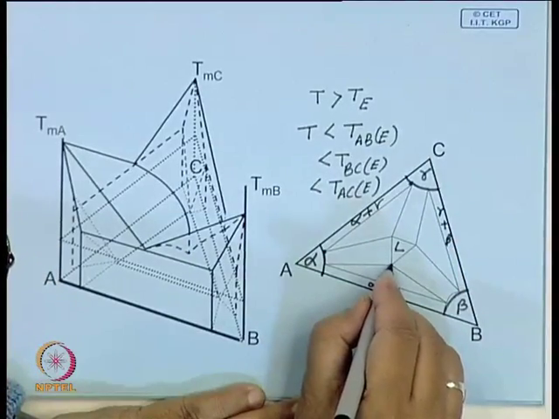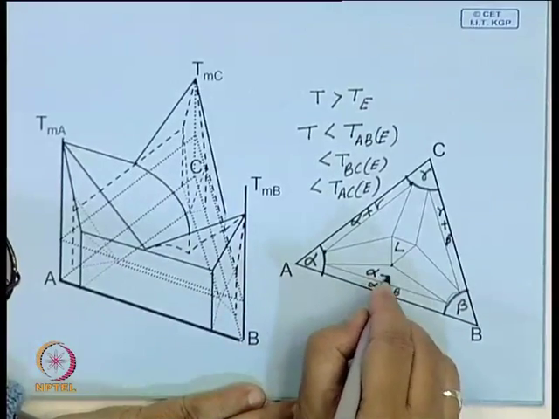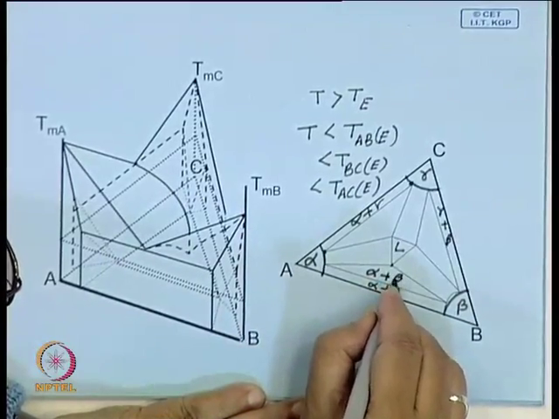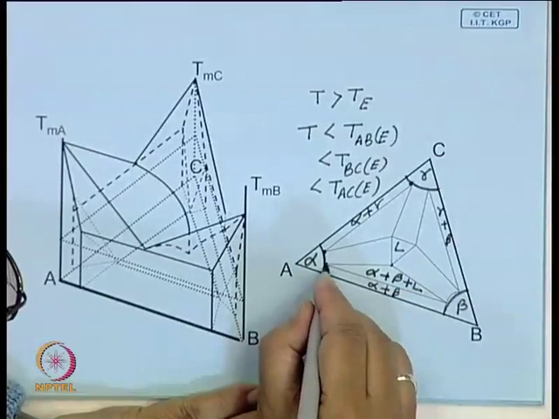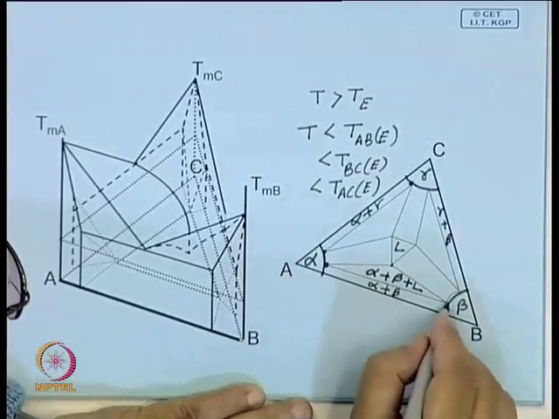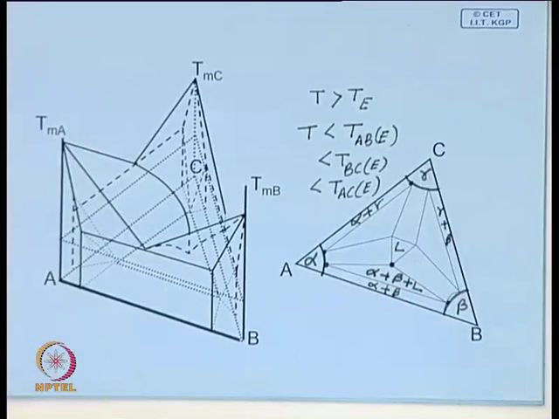Now, here we will see why this type of triangular region should exist. This portion will be alpha, beta, liquid. So, this is the composition of alpha, beta, and this is the composition of the liquid.